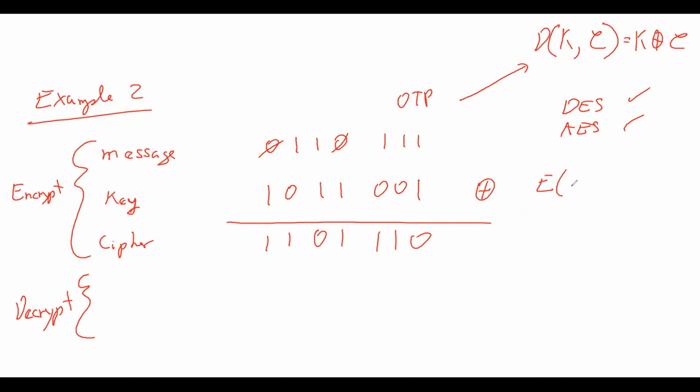So that's the encryption algorithm. The encryption algorithm is K XOR message. In its simplest form, that's what we are doing here. Now to define the decrypt algorithm, I'm going to take the cipher, the key, and the message.